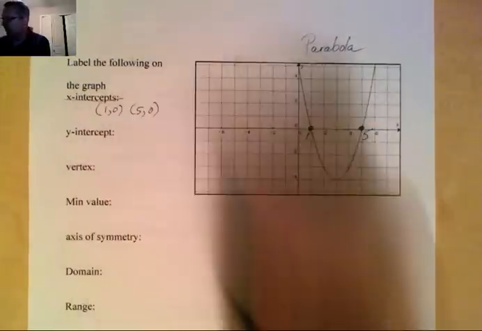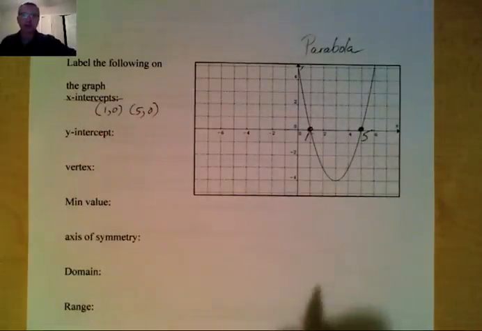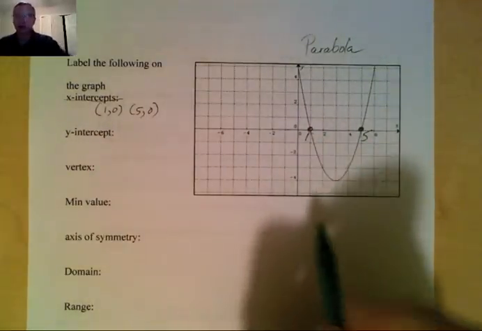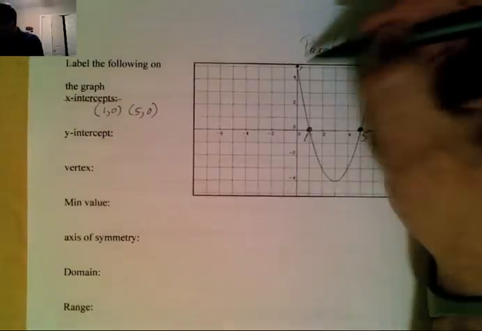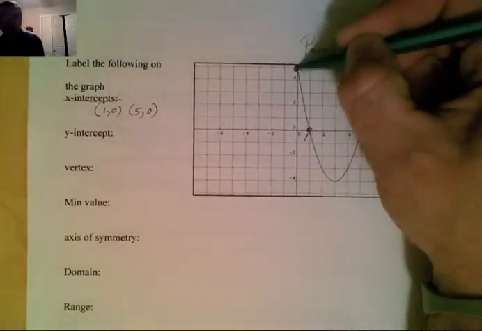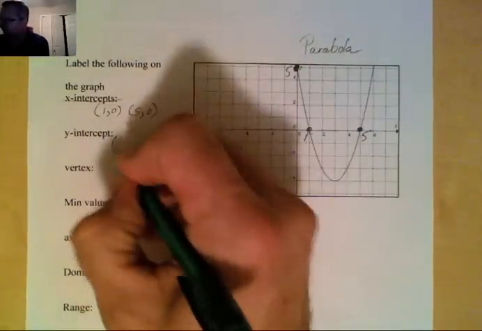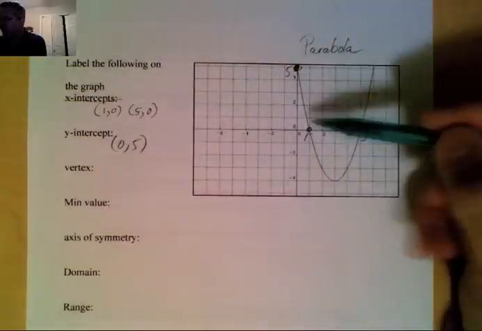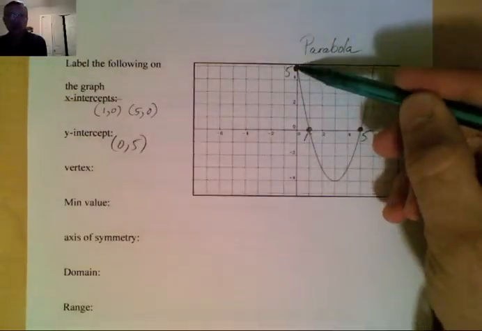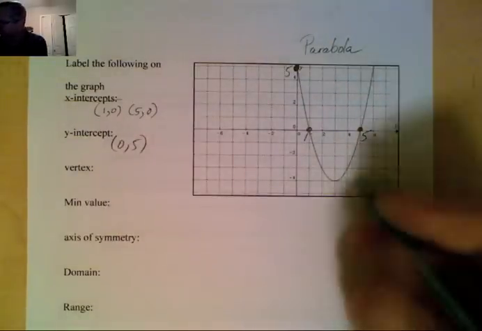And we always describe the x-intercepts as coordinates, so you could actually plot them on a graph. The y-intercept, if we look at where this graph crosses the y-axis, it crosses the y-axis way up here at 5, and the coordinates of that point are (0, 5), because it's 0 on the x-axis and 5 on the y-axis.